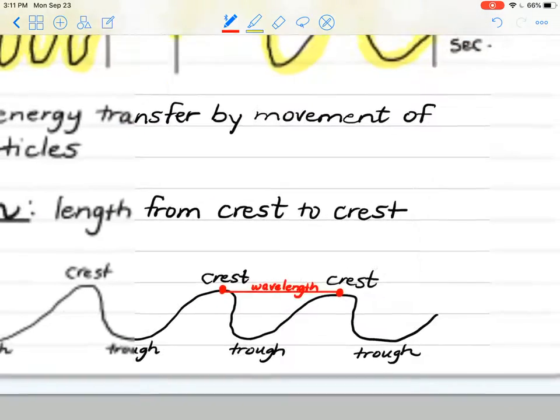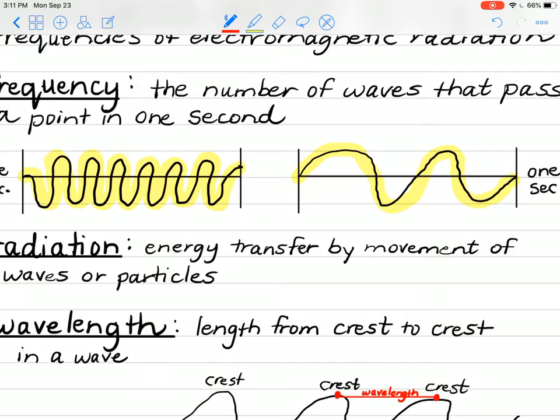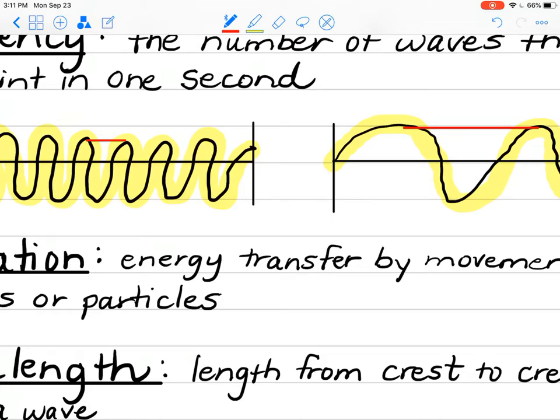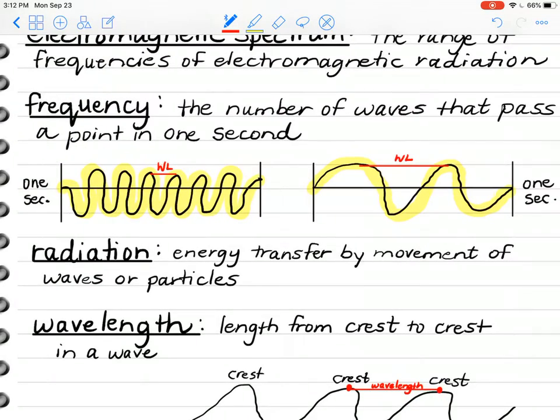So if we go back up here to this diagram, you can see that this high frequency wave has a much shorter wavelength than this long wave over here. You see the wavelengths are shorter in the high frequency than they are in those long, slow waves.